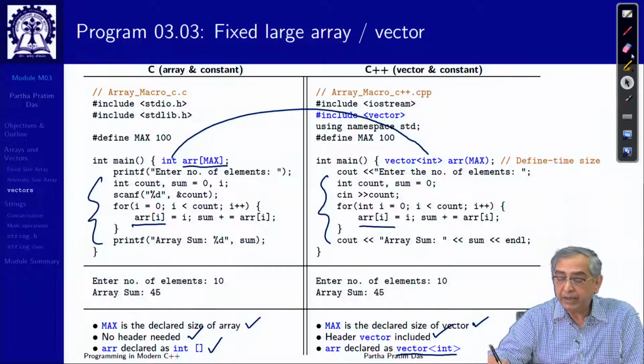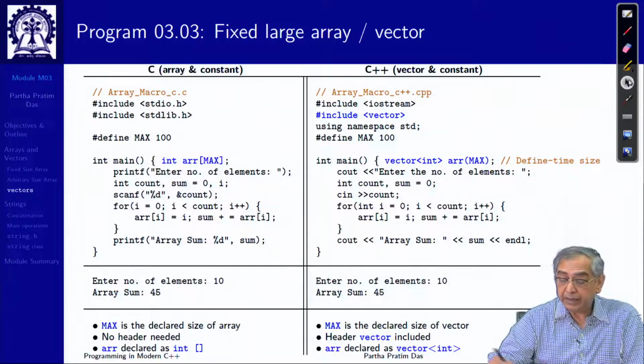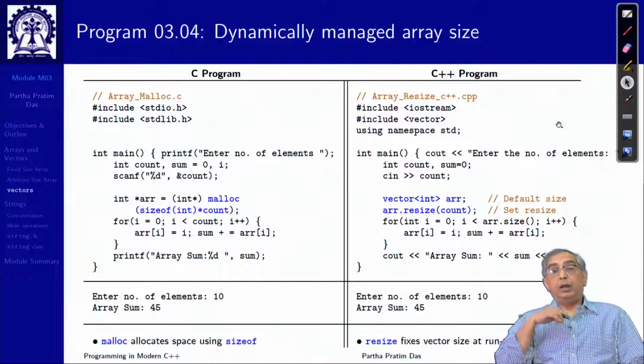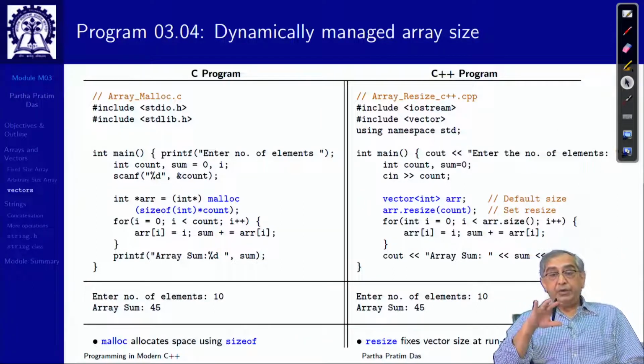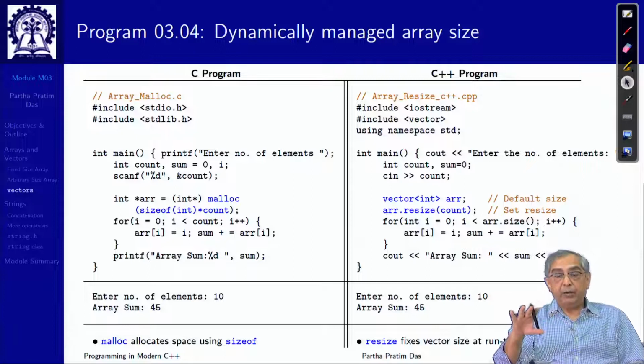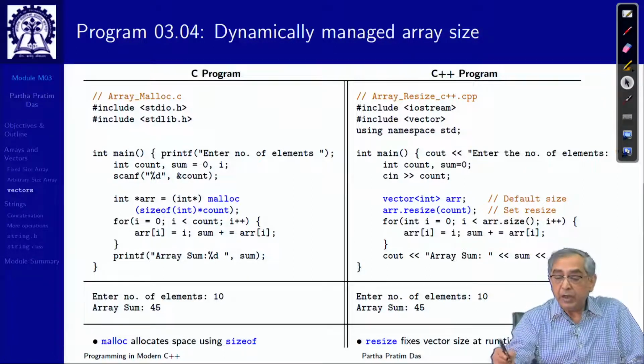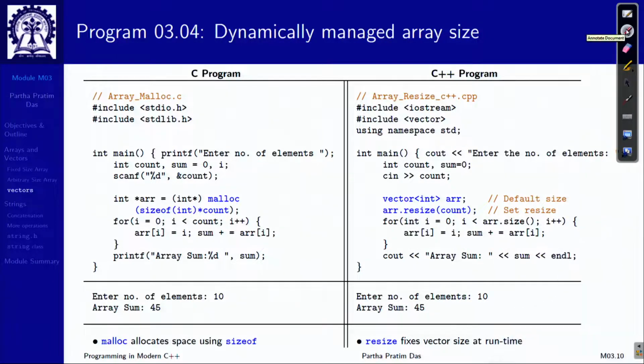To see the advantages, we will now have to take the next example, where we actually dynamically allocate an array. So, look at the C side, we included this to get malloc, and what we have to do is call malloc passing the total size in bytes.